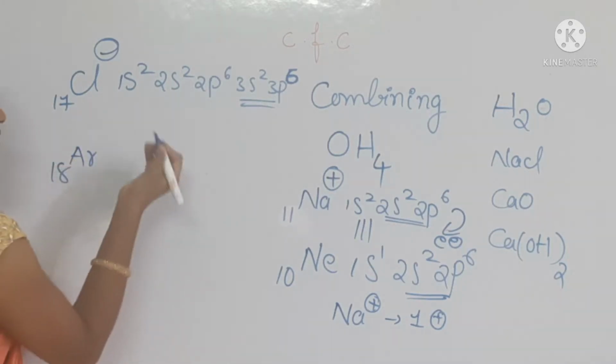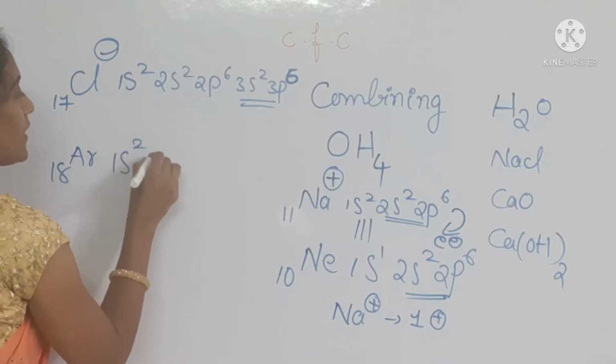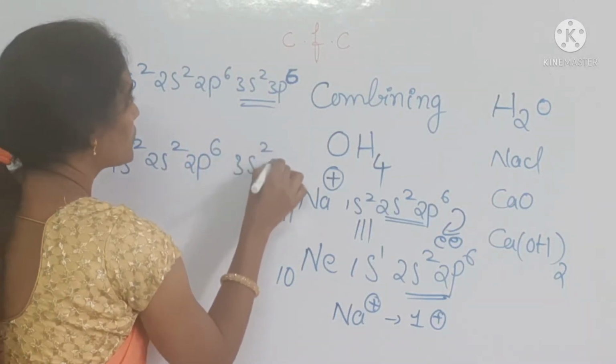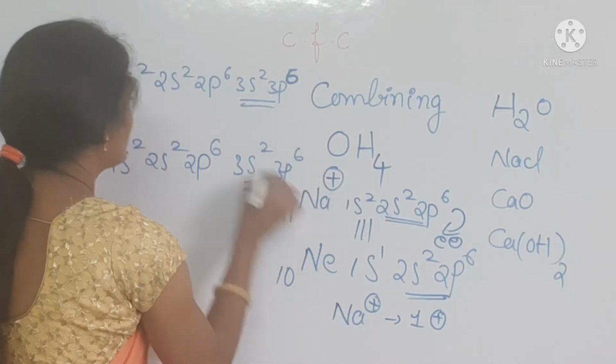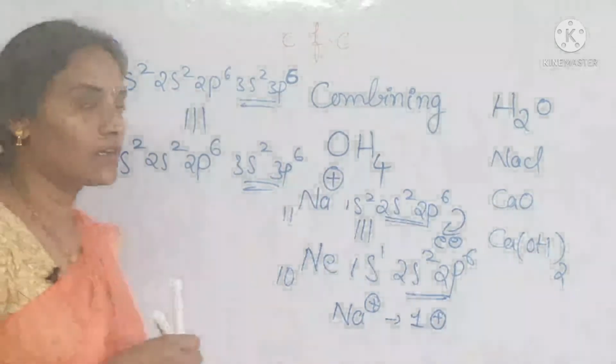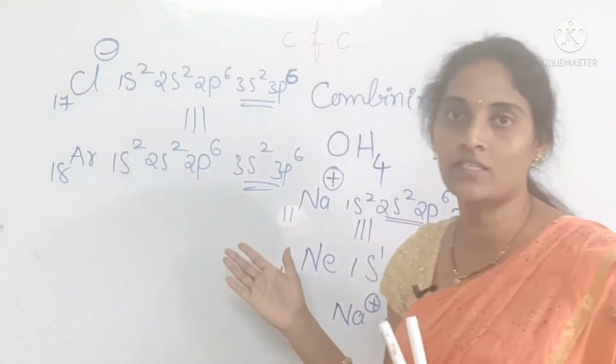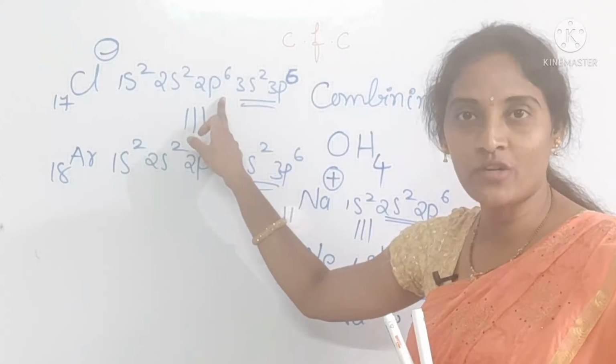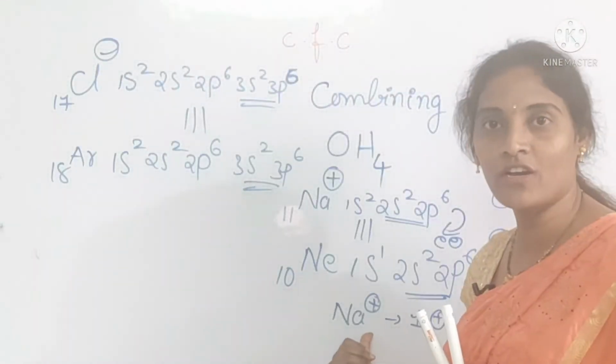Argon's atomic number is 18: 1s2, 2s2, 2p6, 3s2, 3p6. See, Cl- and argon's electronic configurations are similar to each other, so it has an octet configuration, and Na+ also has an octet configuration.